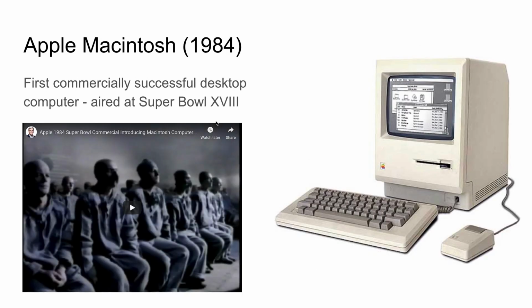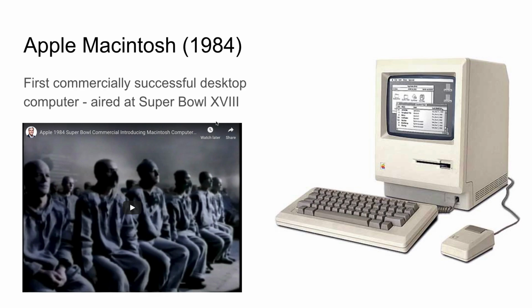Okay, moving on, we have the first Apple Macintosh, 84, or the first commercially successful desktop computer. Remember, we had the Xerox, it wasn't successful. Really, what's different between this and the others? The hardware is good. There's a massive marketing campaign around it. Obviously it's expensive.